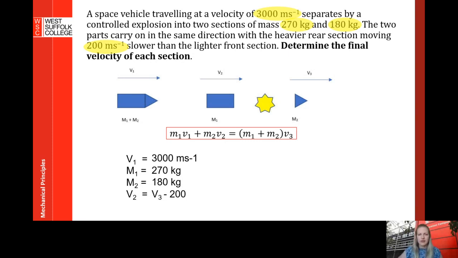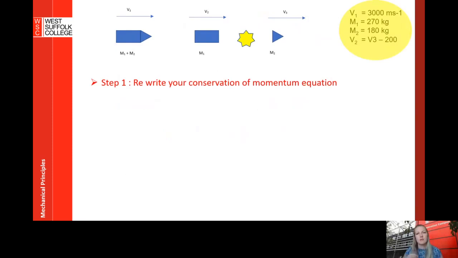Now, as you go forward, I have in my top right hand corner those values highlighted in yellow, and my schematic, because it's really good just to remember what they are and have them to hand. So this first step that we're going to do, guys, is rewrite the conservation of momentum equation, which we had on the previous slide.